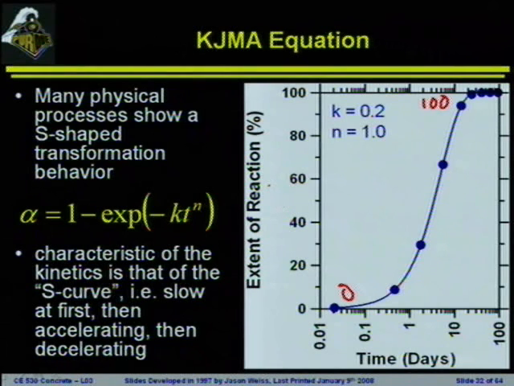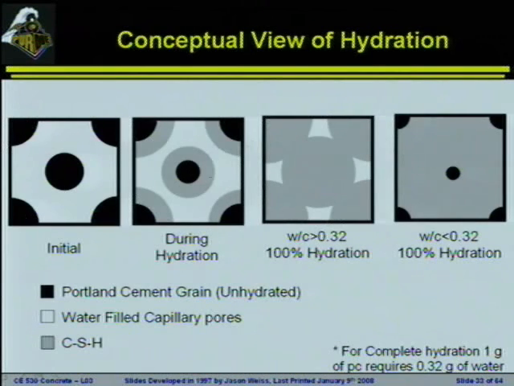Turns out that in its conventional sense, the KJMA doesn't work really well for cements. It either fits at the beginning or it fits at the later side, and it's because the reaction changes for us as we go throughout time. But I don't want to spend a whole lot of time talking about that.